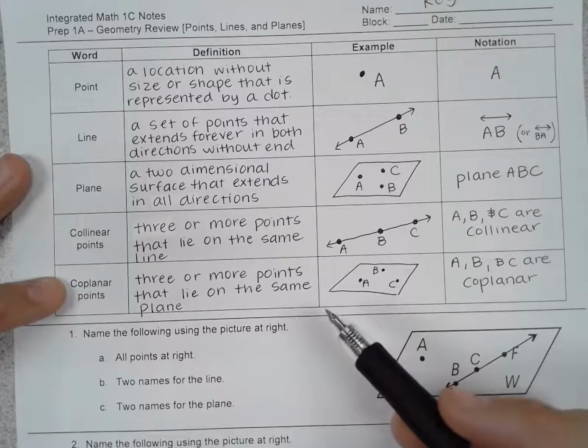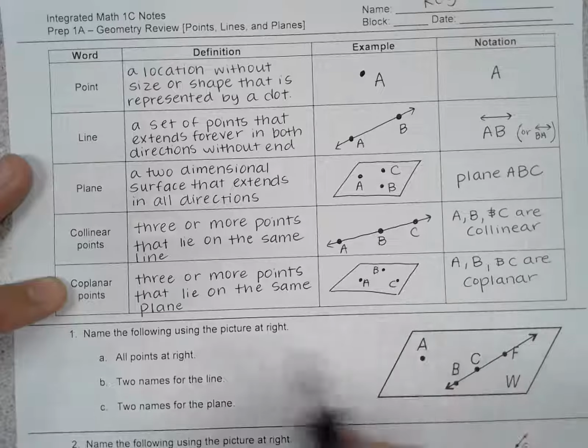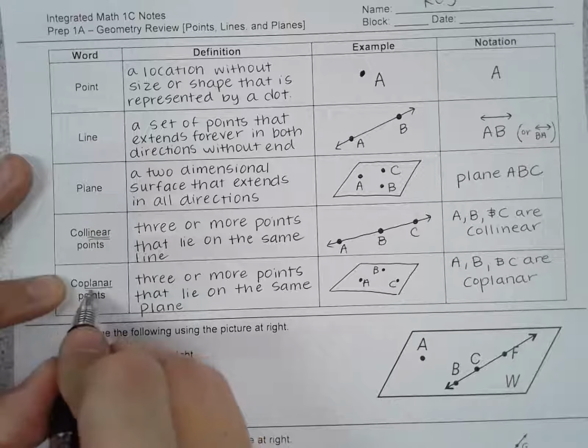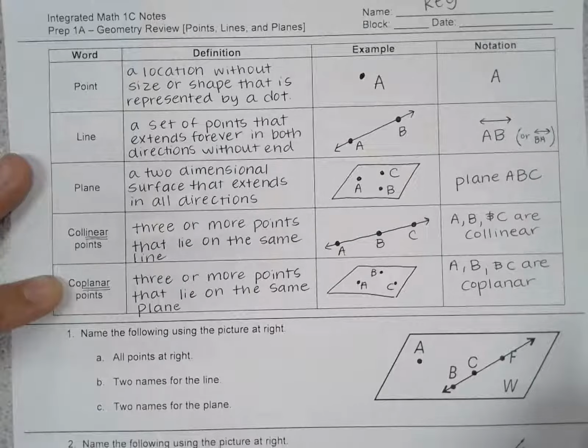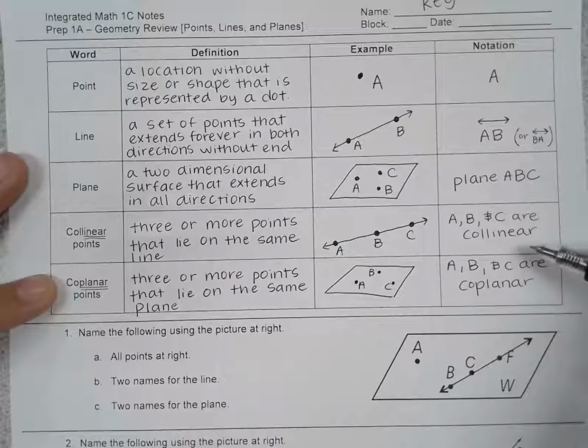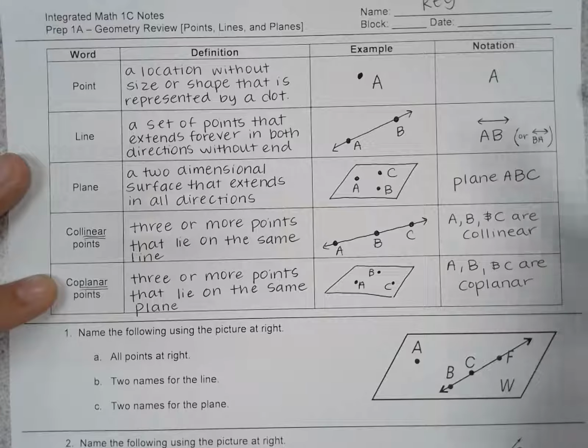Coplanar points are 3 or more points that are on the same plane. And so collinear means they're on the same line, and coplanar means they're on the same plane. That part of the word makes it easier to remember which one's which. Again, there's no symbol to say that something is collinear or coplanar, so you just have to write out the word.